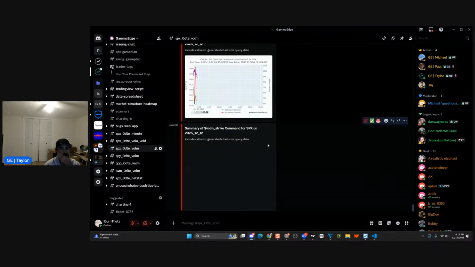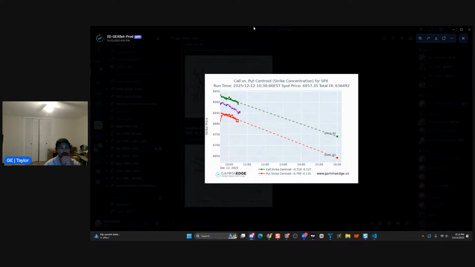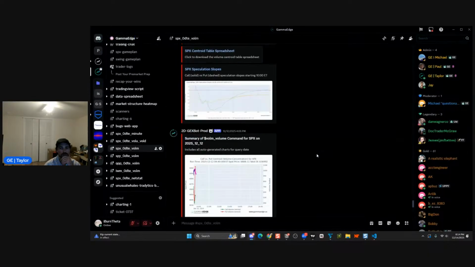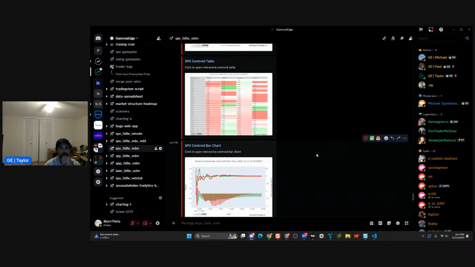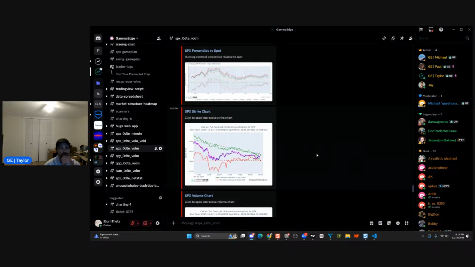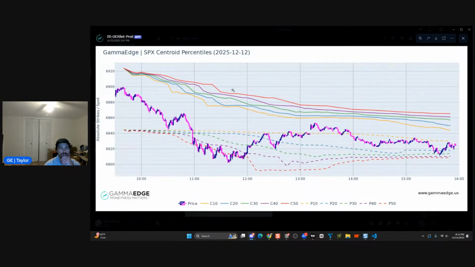So just going back to Friday, we post these every week after every market close on the Discord. These are the new charts, the centroids, the SPX centroid percentile.